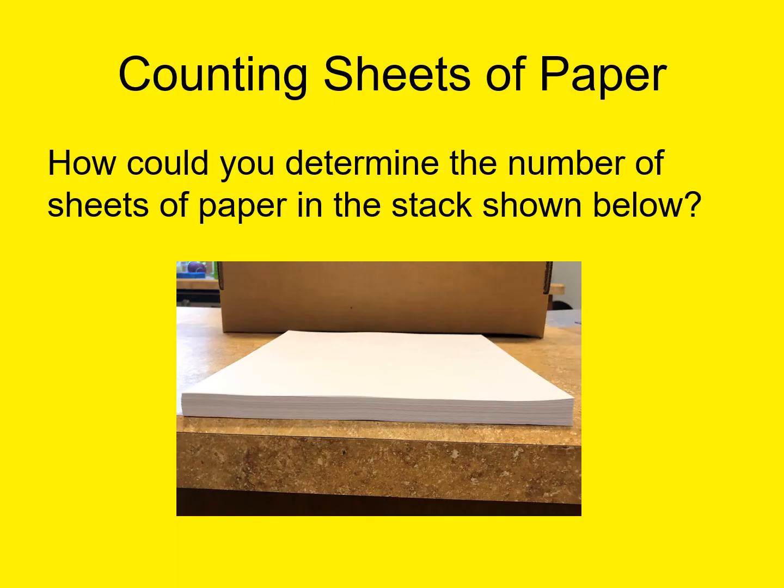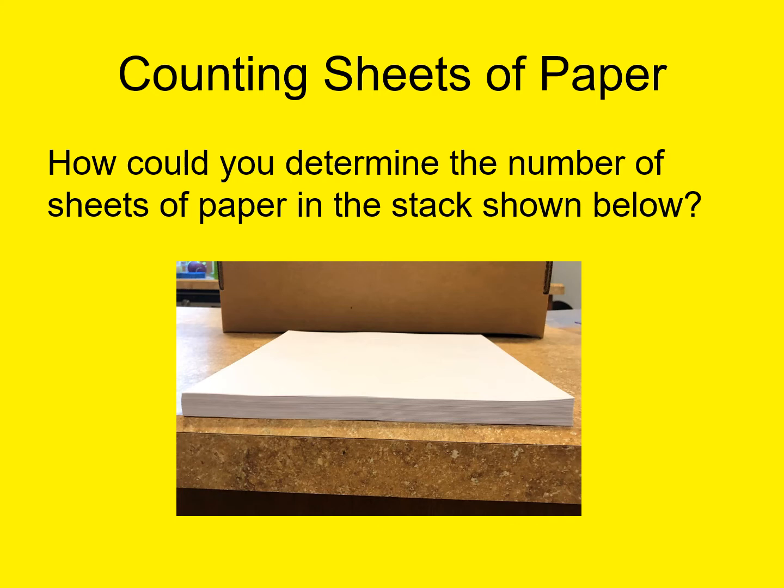Here's an analogy. Here's a stack of paper on a tabletop. How many sheets of paper are in this stack? Can you think of a way to count this paper without actually having to count 1, 2, 3, 4, 5, etc.? Well, how about this?